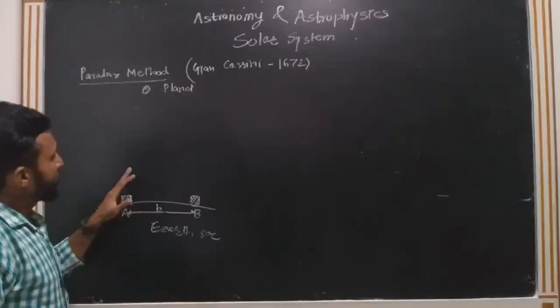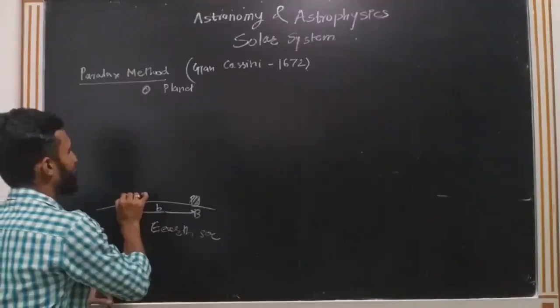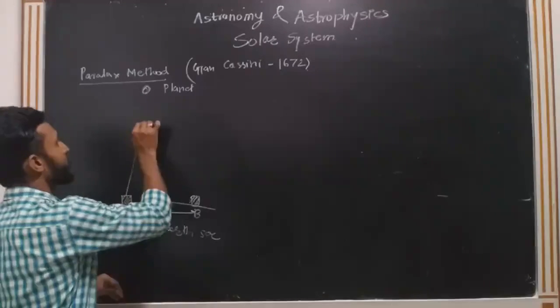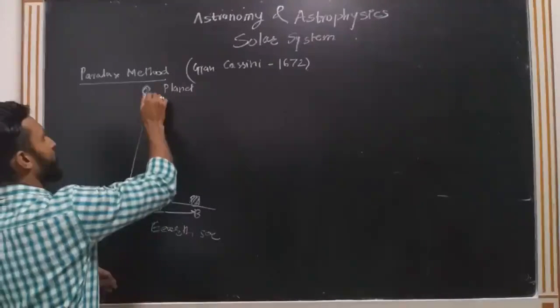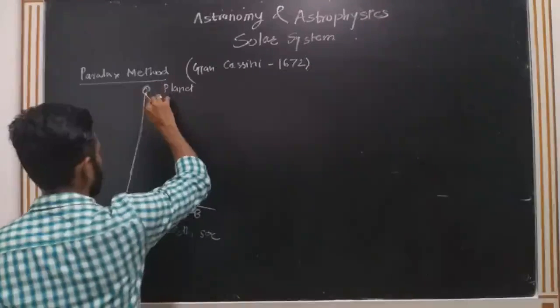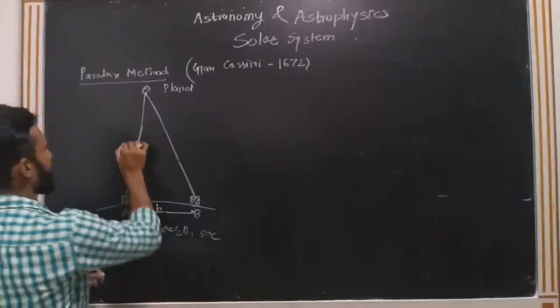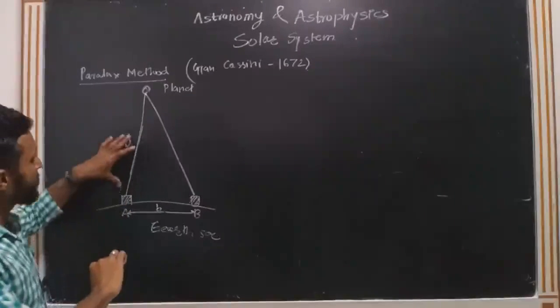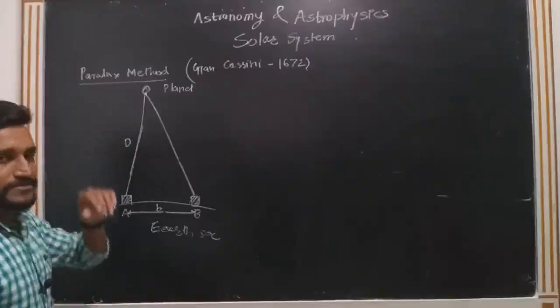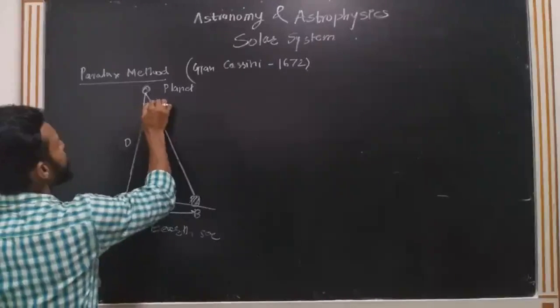If we observe the planet from point A, this will be the line of sight, and if we observe it from point B, with capital D as the distance between the planet and the earth's surface, then it makes an angle theta.